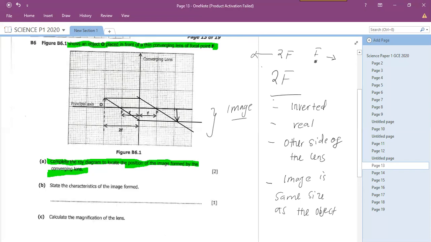But even without that knowledge, just by drawing your ray diagram and measuring the height of the image formed, you can determine all the characteristics of this image, just like we've just done.